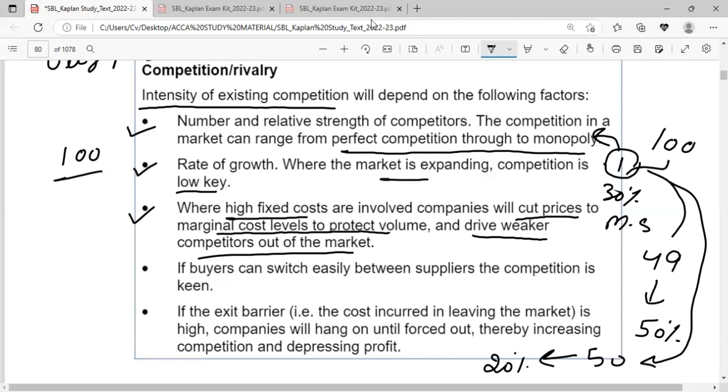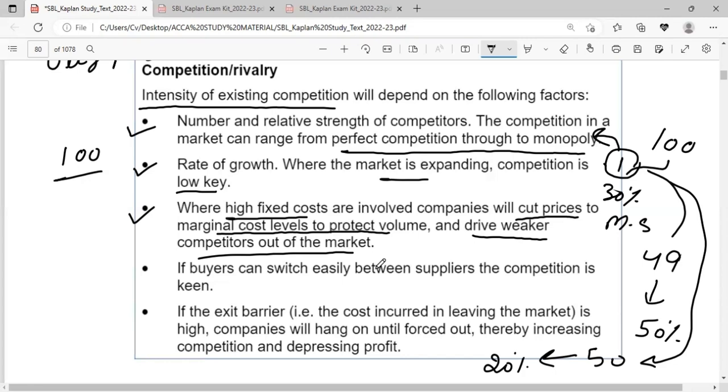To achieve this, the company will reduce the selling prices. And if a company is large, it is easy for them to reduce the prices. Even then, a large company will remain profitable. But it is not an easy decision for the small sellers.